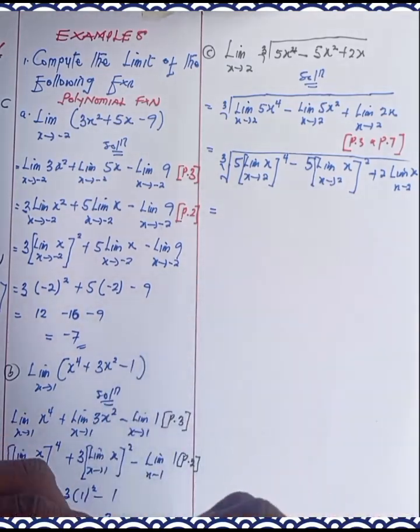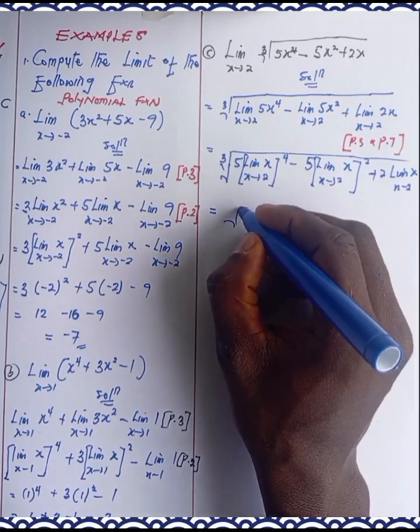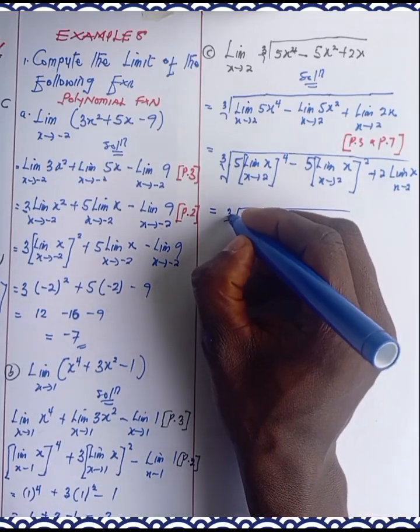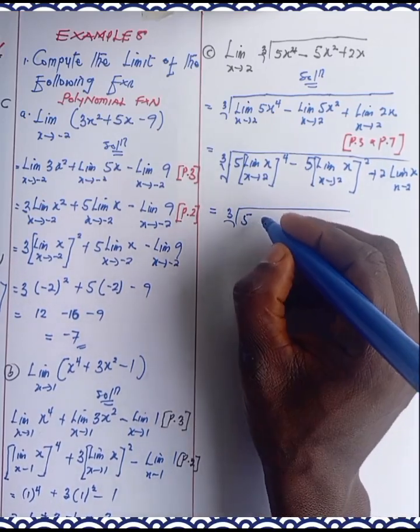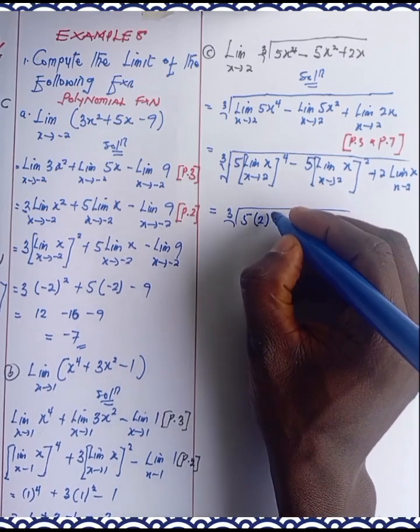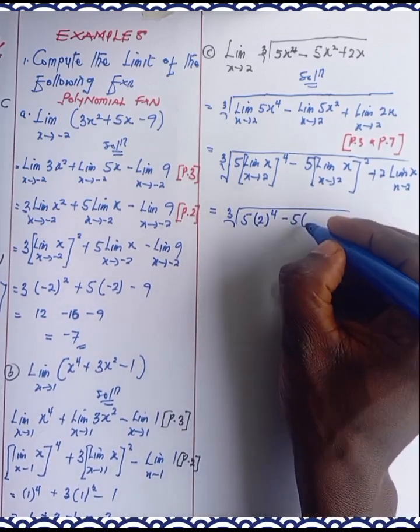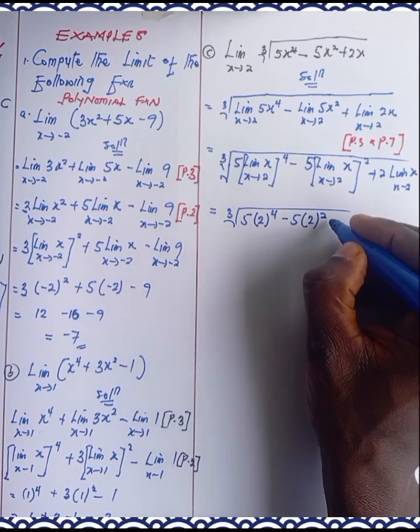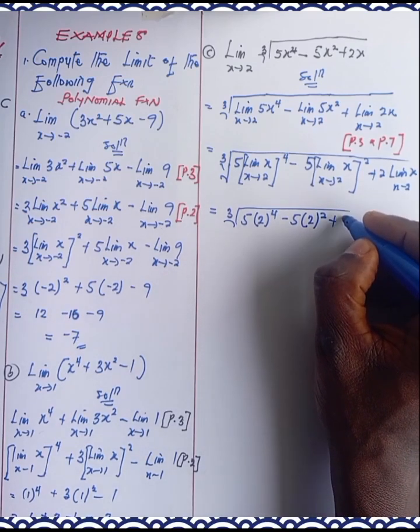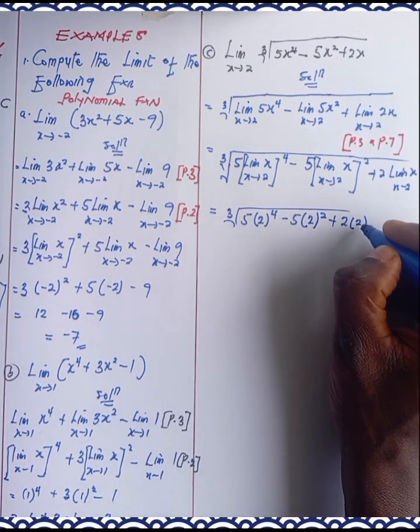So from here we can take the limit. We are going to get 5 times 2 exponent 4 minus 5 times 2 exponent 2 plus 2 times 2.